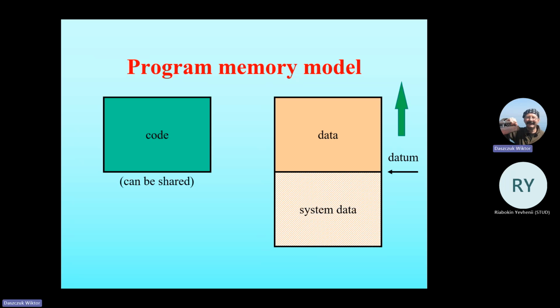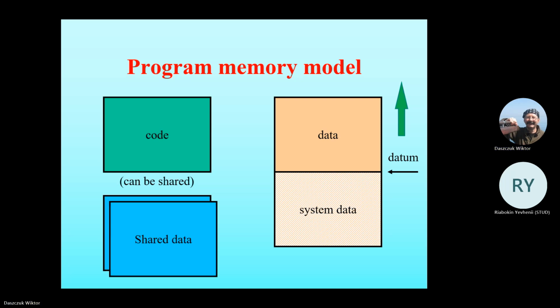It can access them, but every time a program must ask the operating system to inform it about what is in those data. The program cannot do it itself because it is below zero, virtual zero. And there are some shared data areas, maybe more than one.